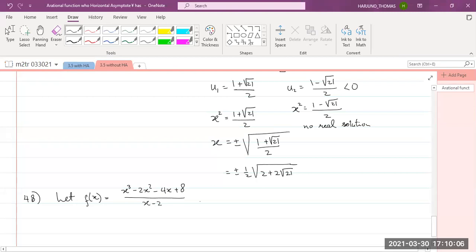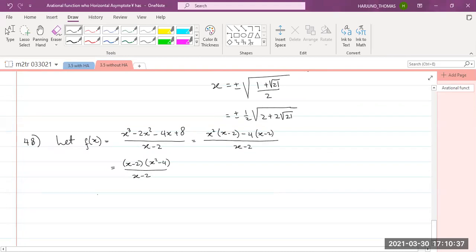Let's factor the numerator first, by grouping. I have the common factor x minus 2, so I get x squared minus 4. Notice that they cancel.